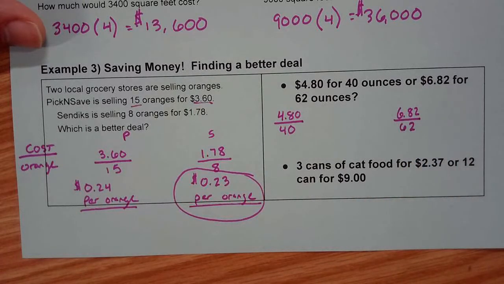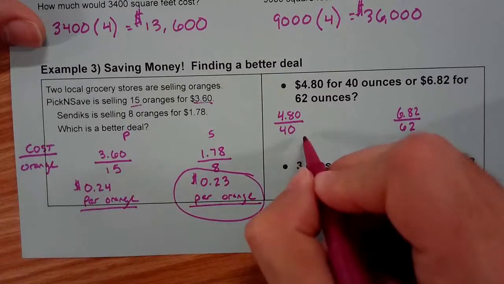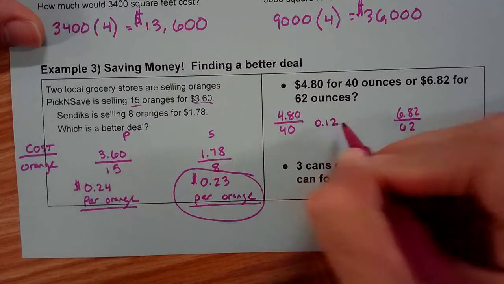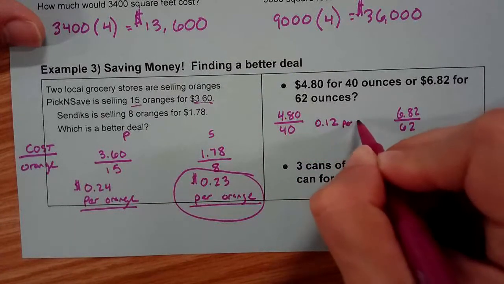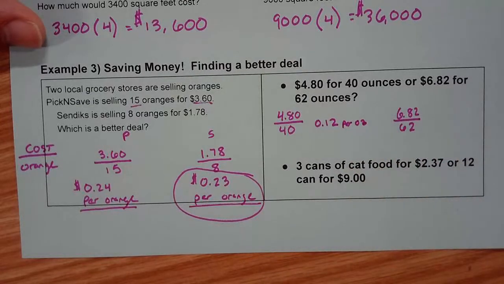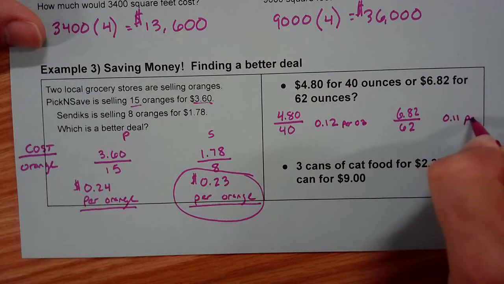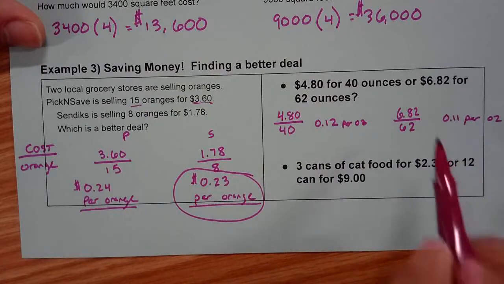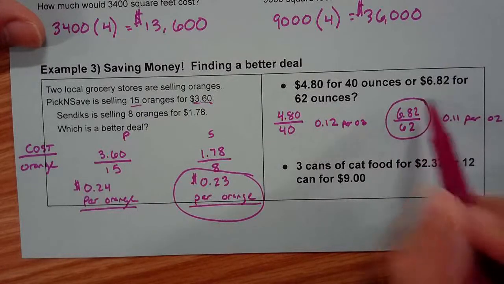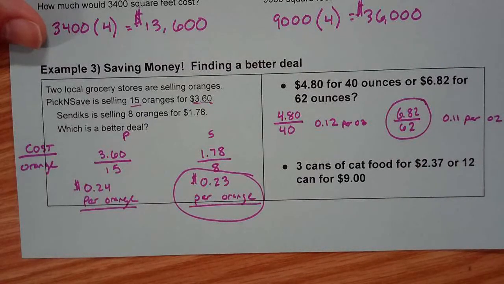When I go ahead and do that division for the first one, $4.80 divided by 40, that's going to give me 12 cents per ounce. And the other one, $6.82 divided by 62, is 11 cents per ounce. So again, this deal was better, the $6.82 for 62 ounces.